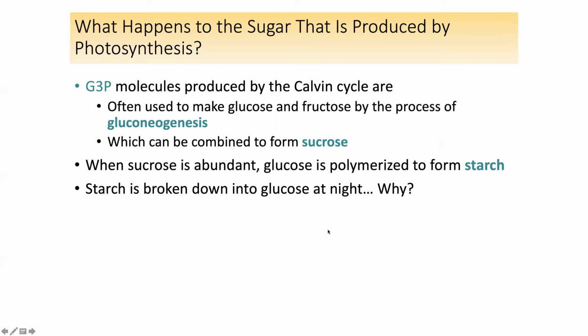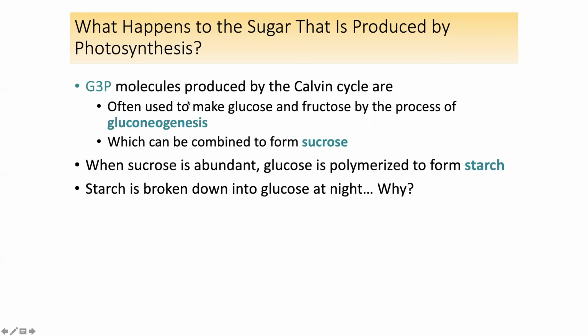So what happens to the sugar that is produced by photosynthesis? We mentioned that the actual product we're making with photosynthesis is this G3P molecule. This molecule is often then used to make glucose and fructose, and the name of that process is known as gluconeogenesis. Genesis means formation, gluco means sugar, and neo means new, so this is the new formation of sugar.